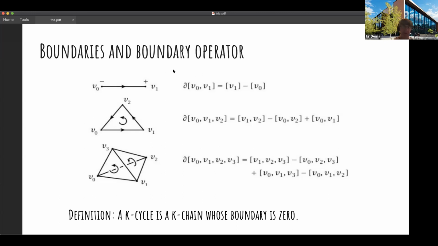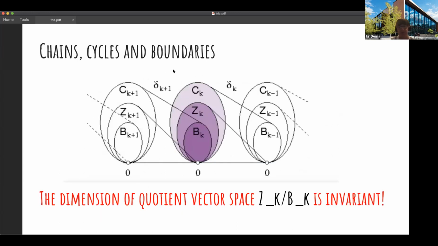Now, by definition, we're going to call a k-cycle a k-chain whose boundary is zero. A boundary is zero if the image of this boundary by the boundary map is actually zero, the zero vector space, because images obviously are subspaces of the vector spaces.